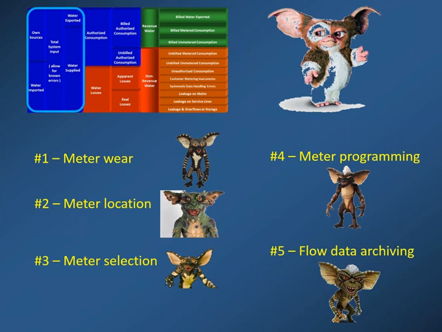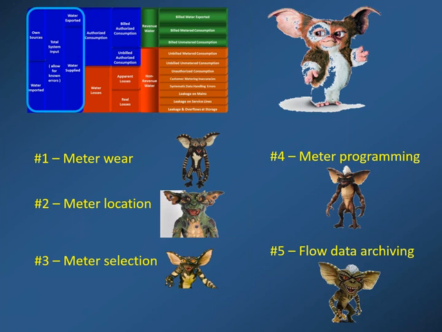So meter wear, meters can wear out and they can become less accurate over time. If the meter location is not properly sited, if it's too close to a bend or something that's causing disturbance, if it's the wrong meter for the application and it wasn't designed to measure the right flow, that can play in. Meter programming and where the data gets archived. All those are places that those gremlins can introduce and create error in that data.